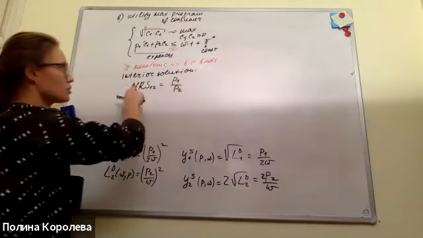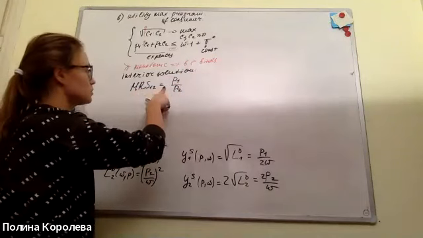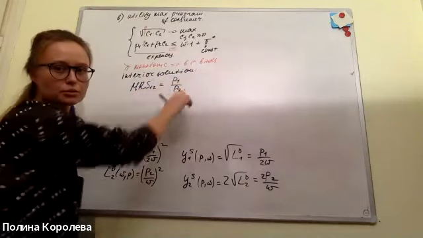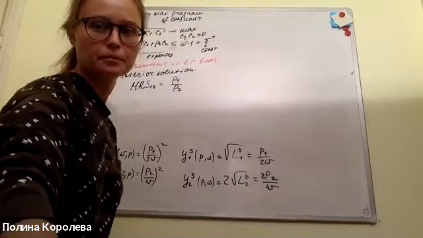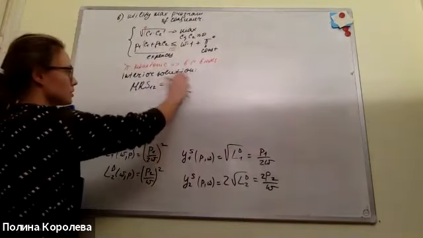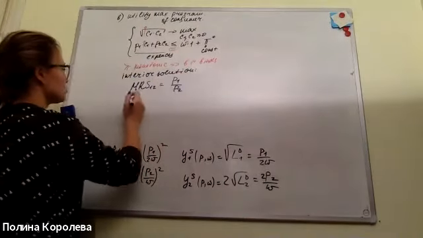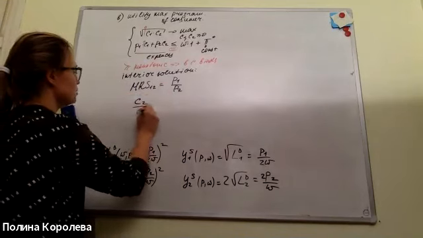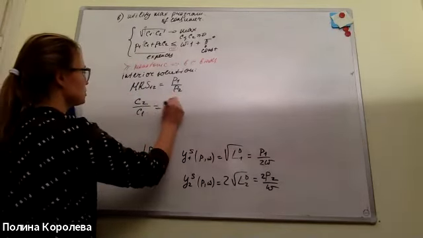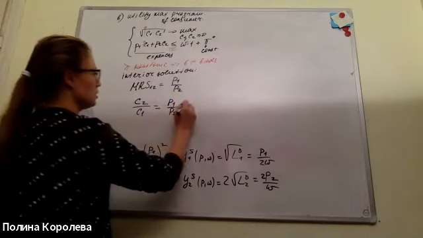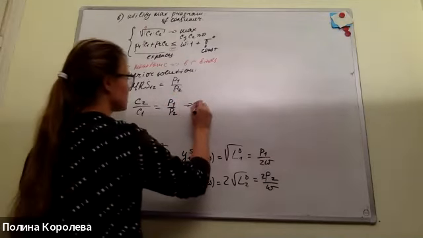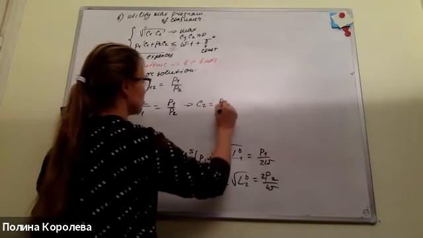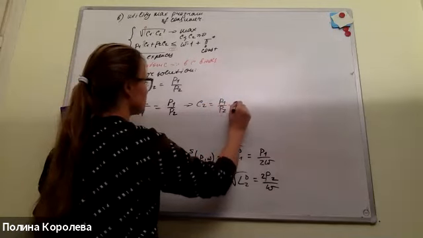The slope of the tangent line to our indifference curve should be equal to the price ratio, the slope of the budget constraint. Yes. So marginal rate of substitution, we counted it. It's C2 over C1 should be equal to P1 over P2. So in optimal proportion of consumption, C2 equals P1 over P2 multiplied by C1.